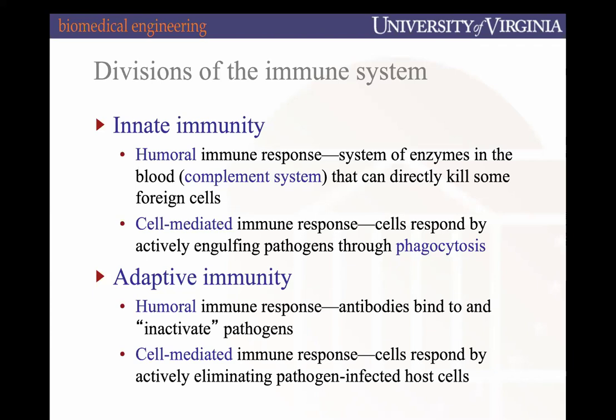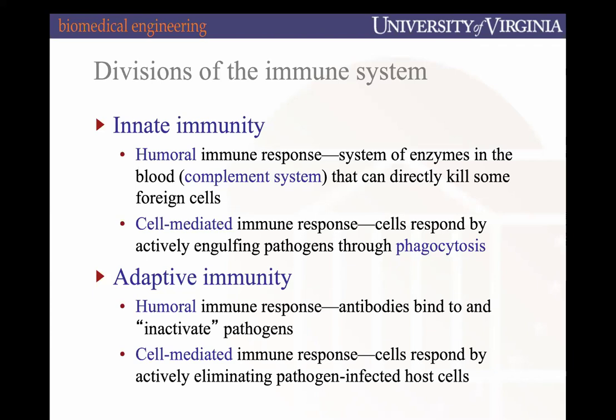For adaptive immunity, this is just a teaser because we're going to talk a little bit more about this in the next lecture. The humoral component there are antibodies. Antibodies are proteins in our blood that usually emerge in response to some sort of pathogen that has a lasting memory. This is how vaccines work. We have antibodies that emerge in response to a presented pathogen, and that helps to inactivate it.